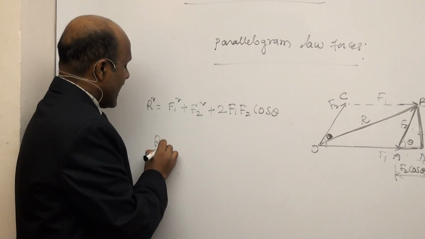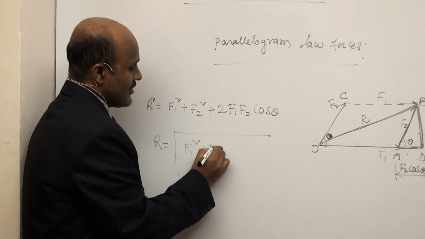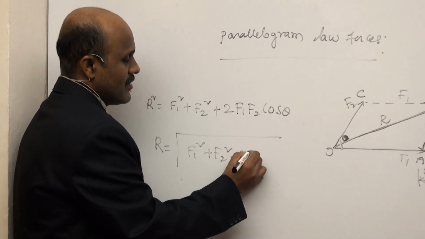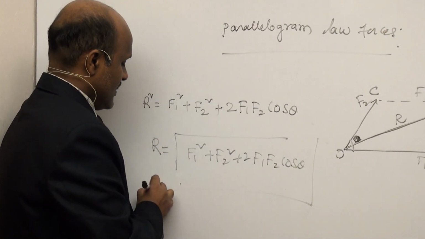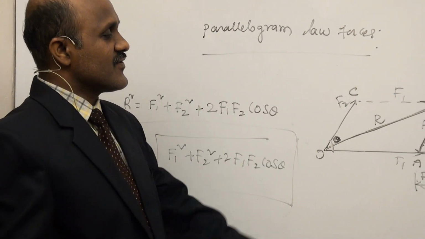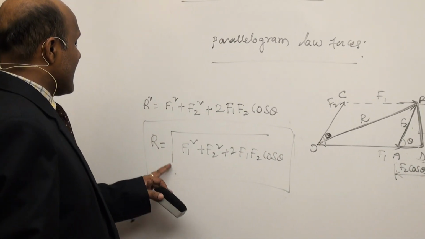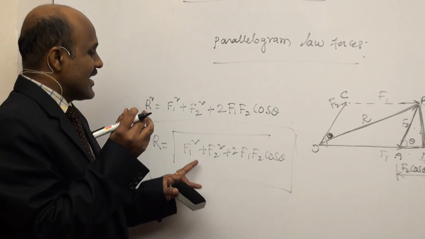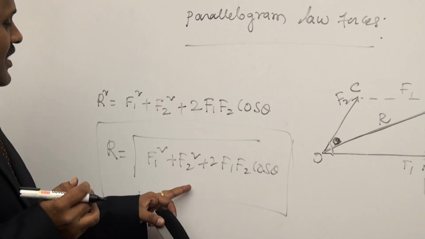So R is equal to the square root of F1 square plus F2 square plus 2F1 F2 cos theta. This is the resultant of these two forces, an analytical method using the parallelogram law.